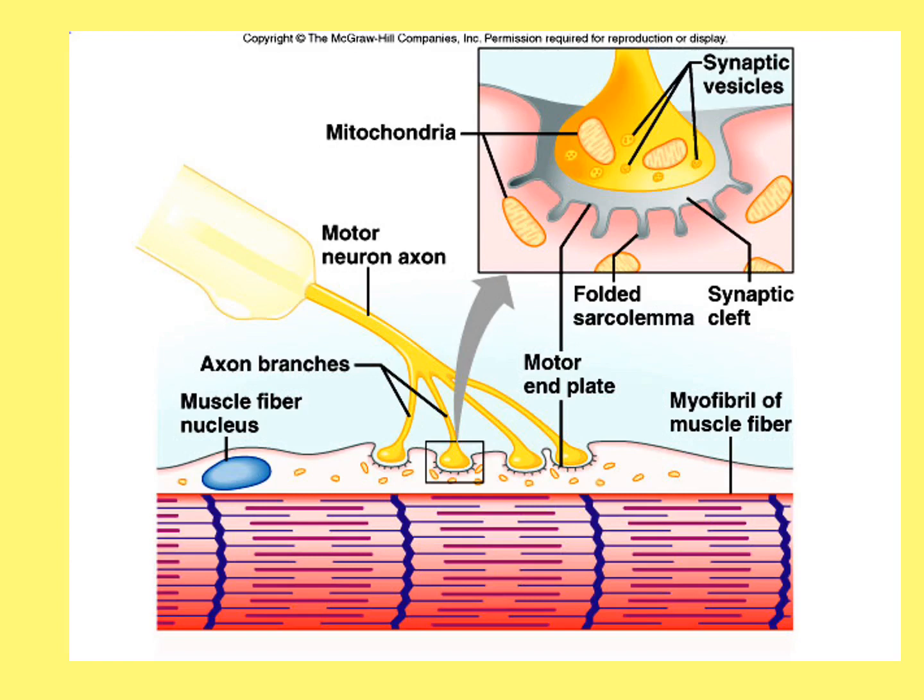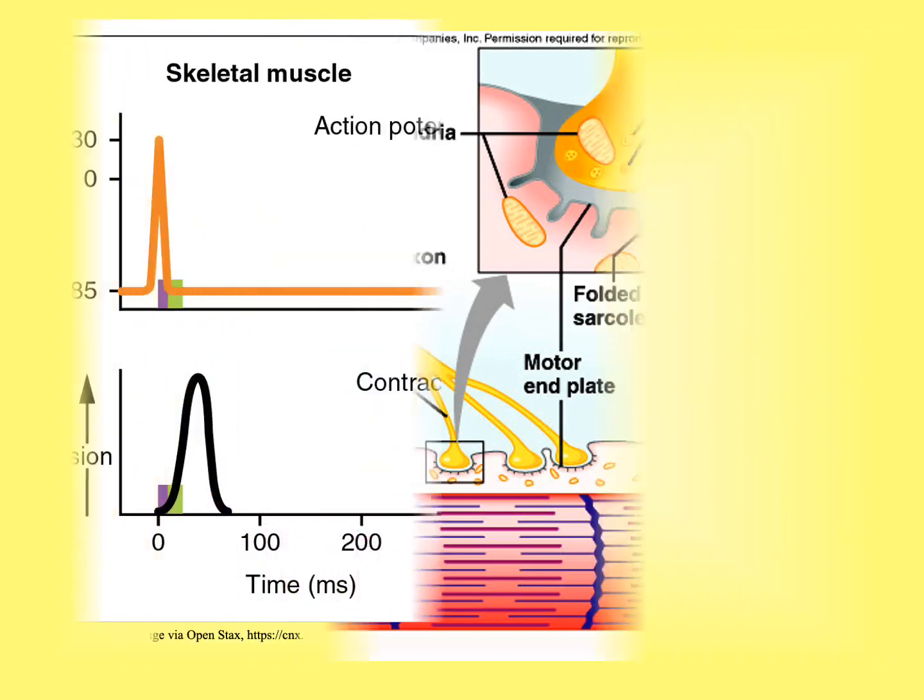That acetylcholine will then bind onto the receptors on the sarcolemma at the motor end plate, allowing for depolarization in that region. And the depolarization will then spread via voltage-gated channels.